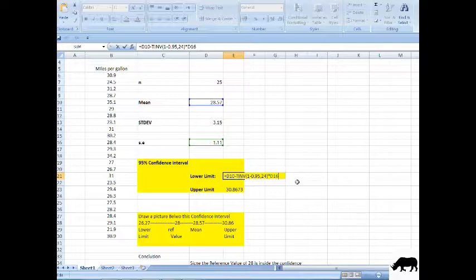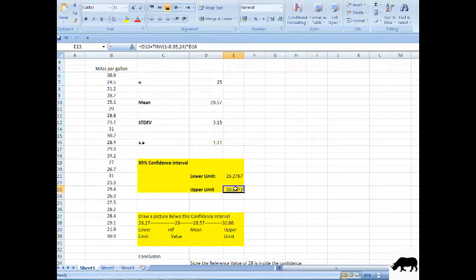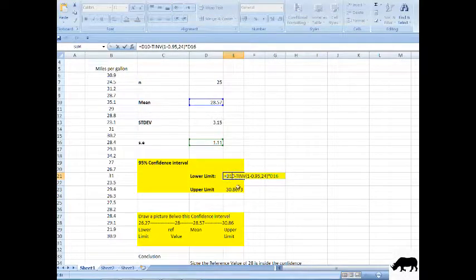So this way we achieve the lower limit. In the same way, look at this formula, we use plus here, and in the previous formula we use minus here. This is the difference between them.